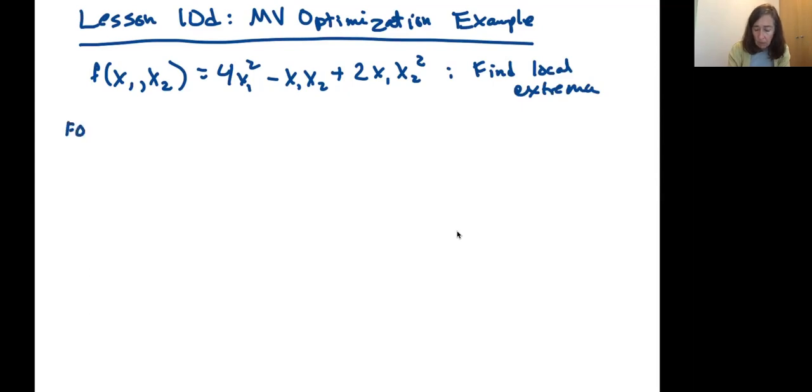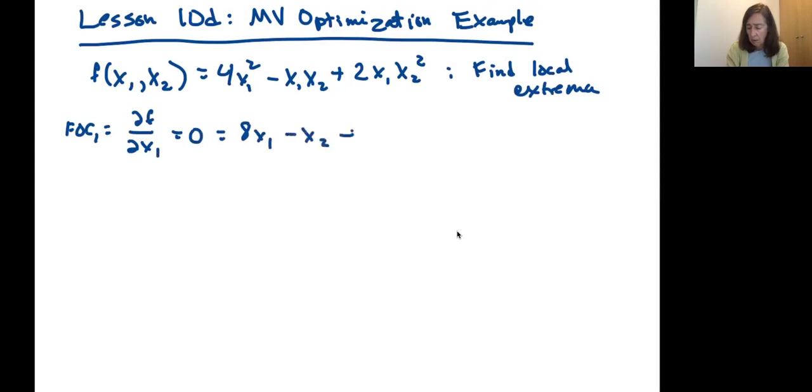So FOC1 says that the derivative of f with respect to x1 has to equal 0. And what is that derivative? Well, it is 8x1 minus x2 plus 2x2 squared. And FOC2 says that the derivative of f with respect to x2 also has to be 0.